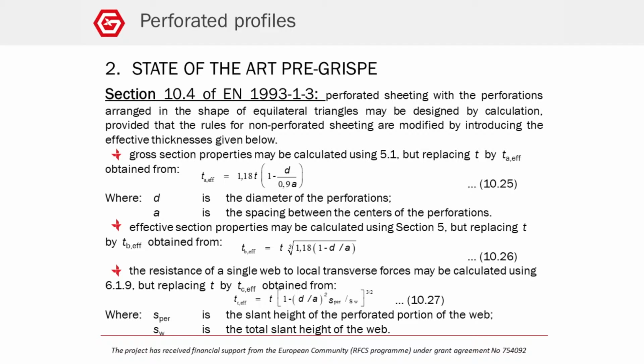The effective thicknesses are a function of D, the diameter of the perforations, and A, the spacing between centers of the perforations.